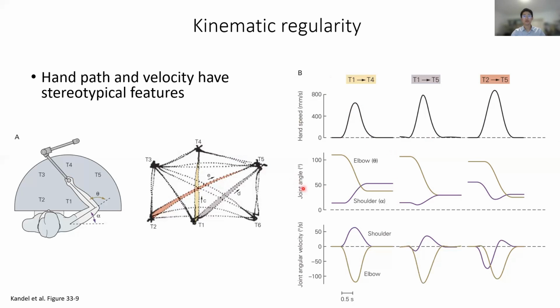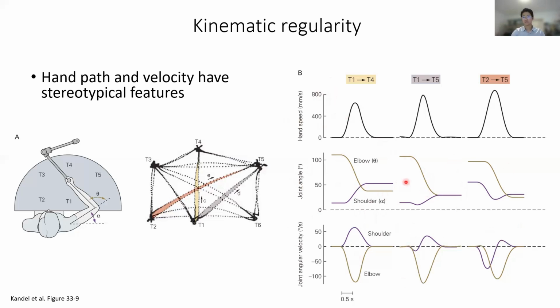And if we look at joint angles, we see in different conditions, we will have different combinations of joint angles. And these patterns in joint angles seem to be more complex, but the hand trajectory and hand velocity seem to be invariant.